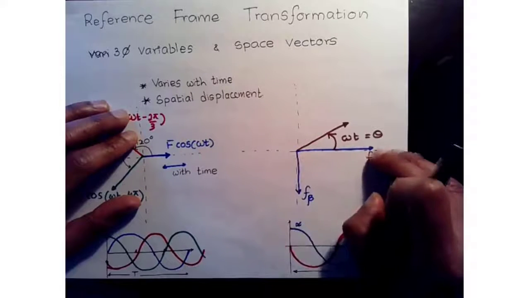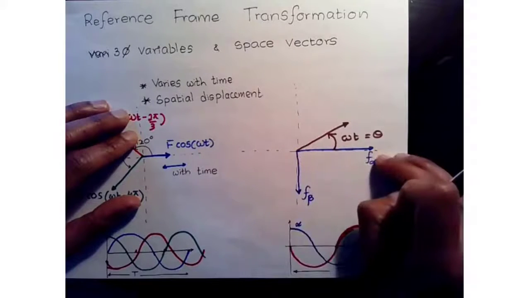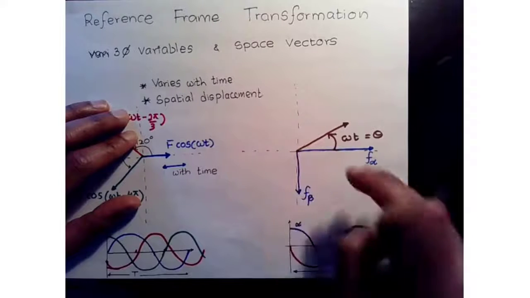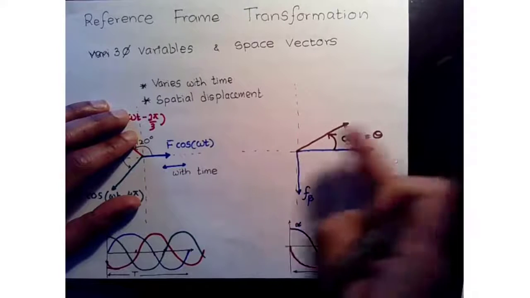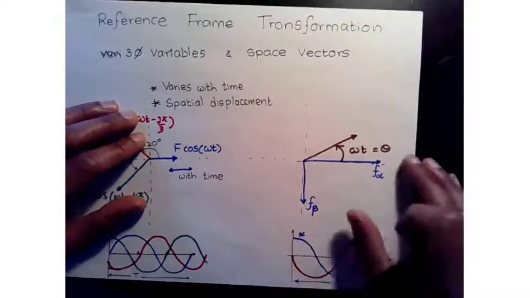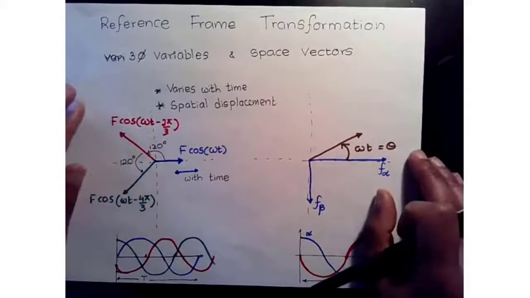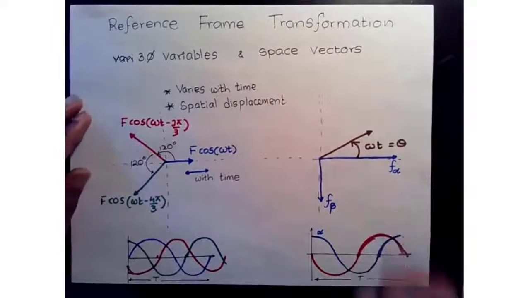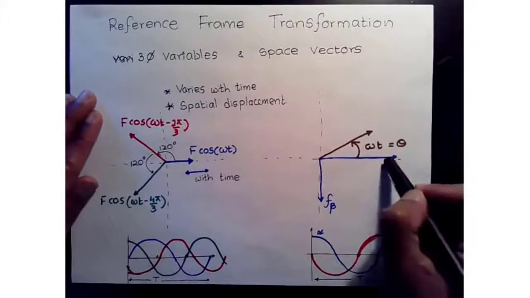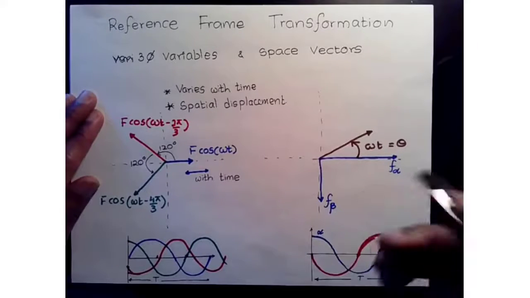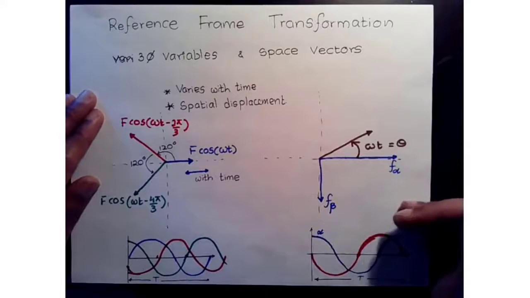Our definitions of the two axes are going to be f alpha and f beta, and the positive directions are in these directions. Okay, and this is important when you go into reference frame analysis to early on establish this frame, this axis system, because all your math will rely on this.